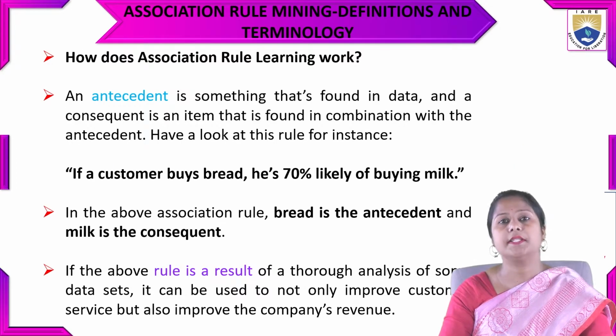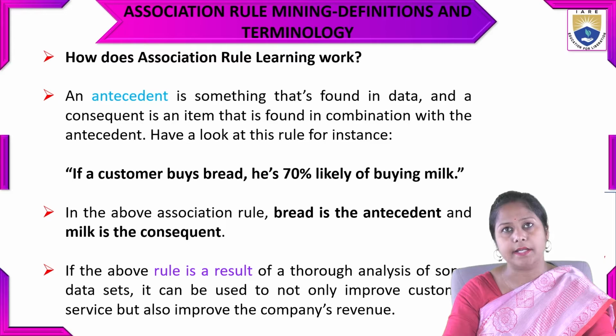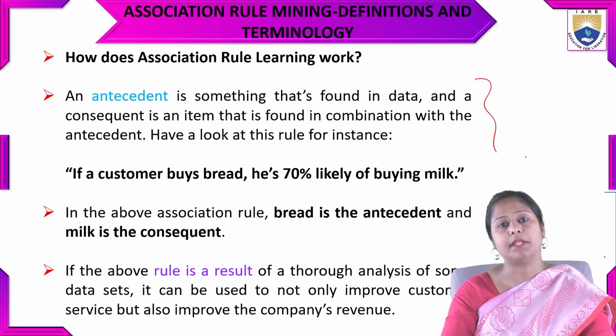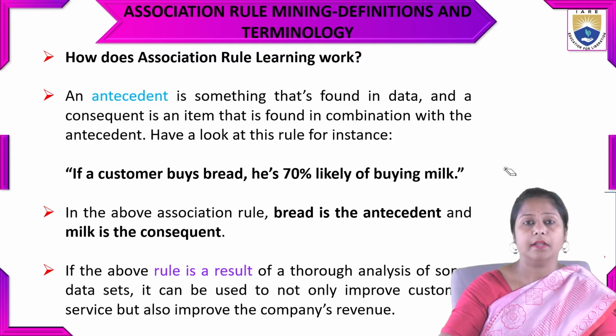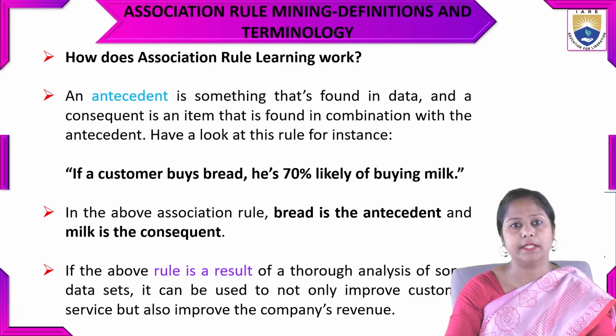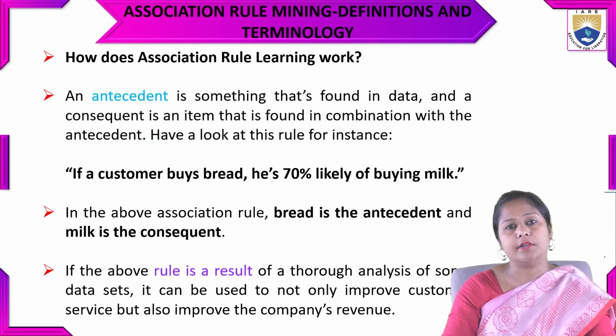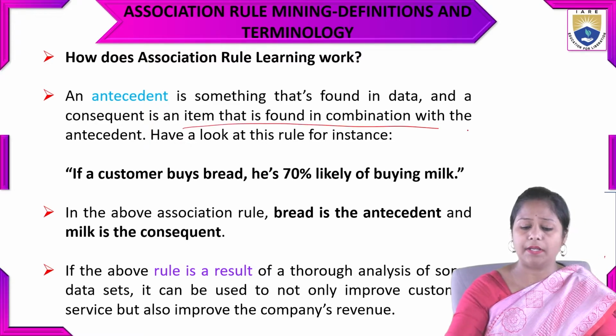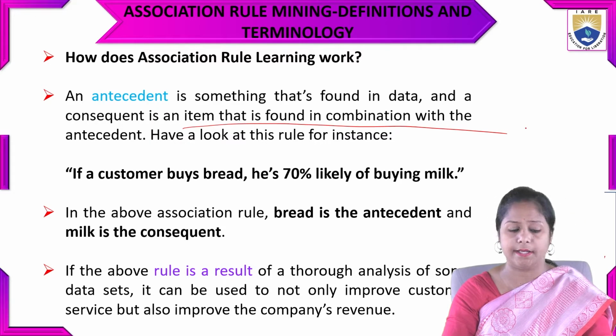Now, how does association rule mining work? An antecedent is something that is found in the data, in the data warehouse or data repository, and a consequent is an item that is found in combination with the antecedent.